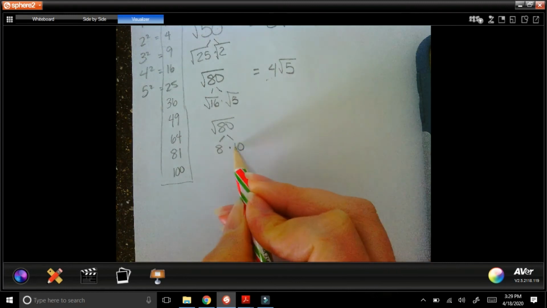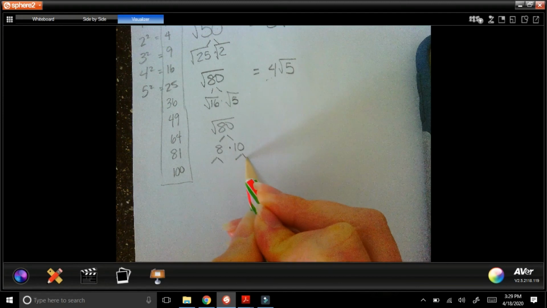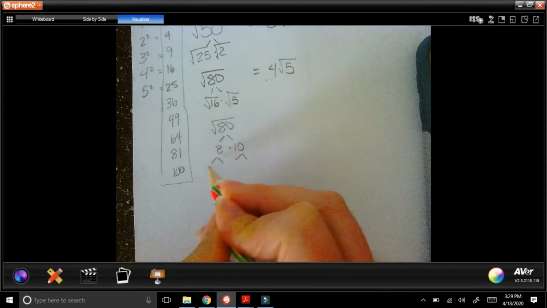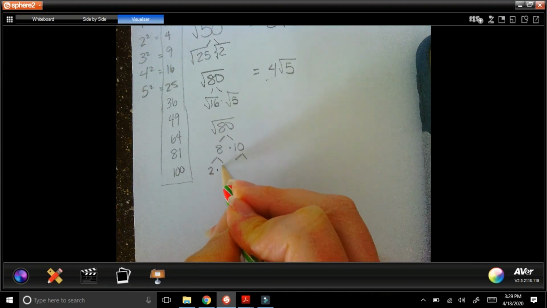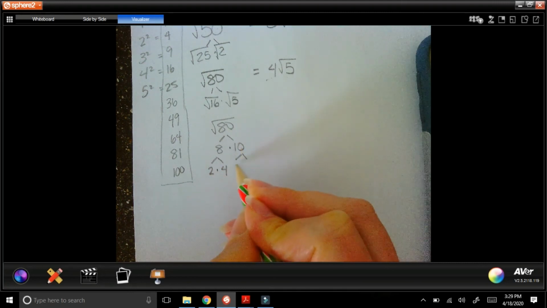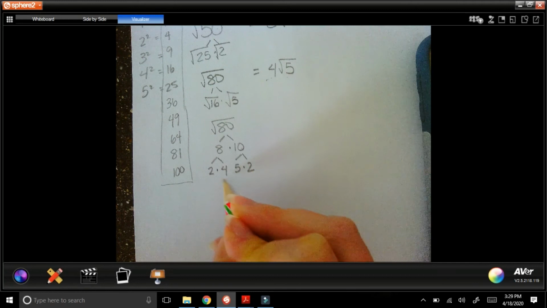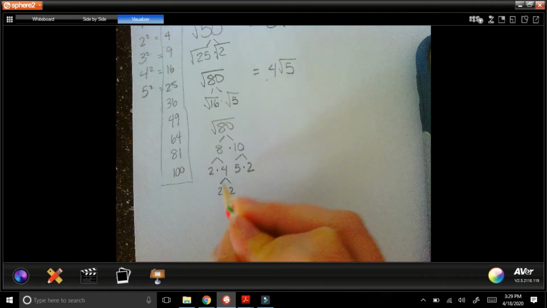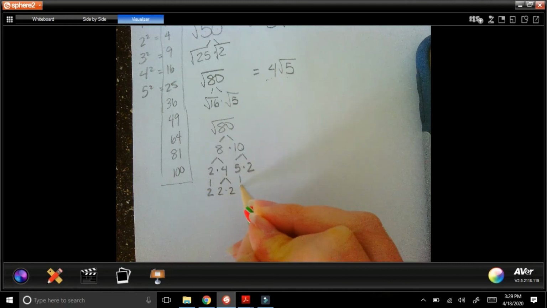So 80 is 8 times 10, and then you keep breaking it down until you get a list of prime numbers. So 8 is 2 times 4, 10 is 5 times 2, and I can keep breaking this into 2 times 2. I'm going to bring this down, 5 and 2.